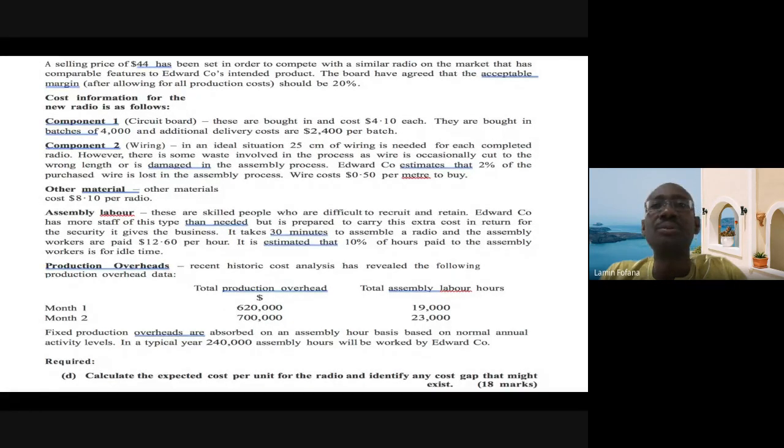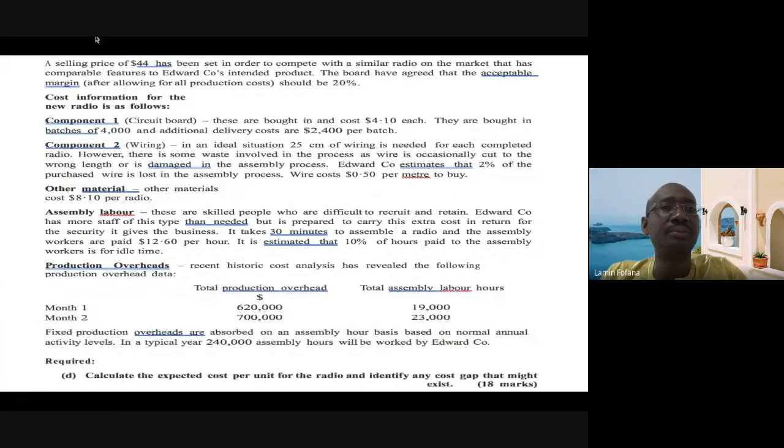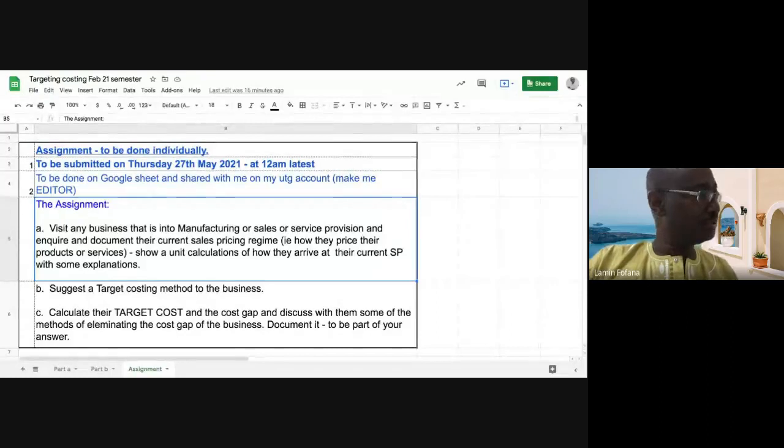So I'm going to stop sharing this one, and then I'm going to share target costing. Good. So let's read our question so we can be able to answer it.